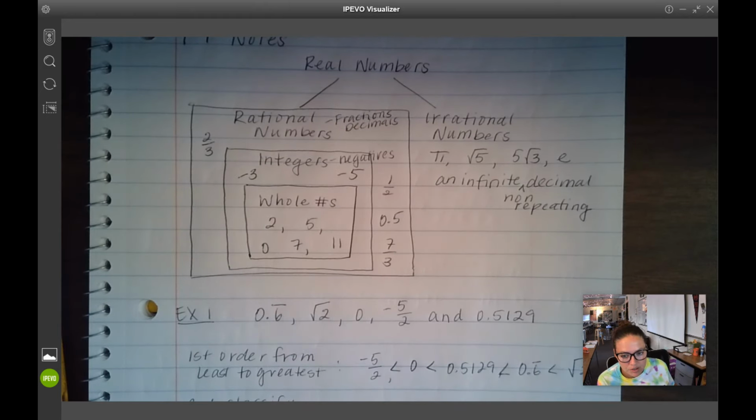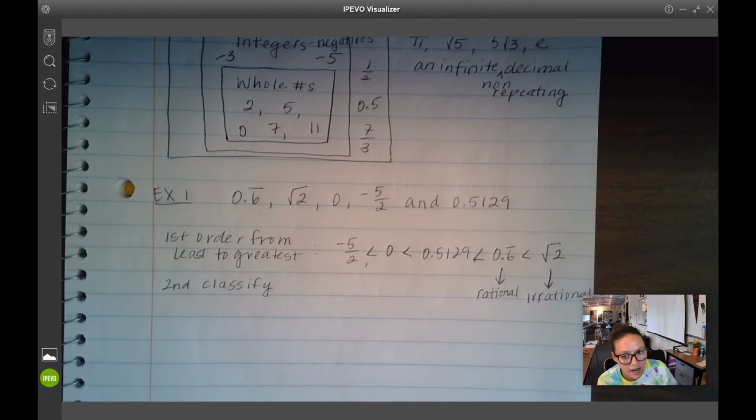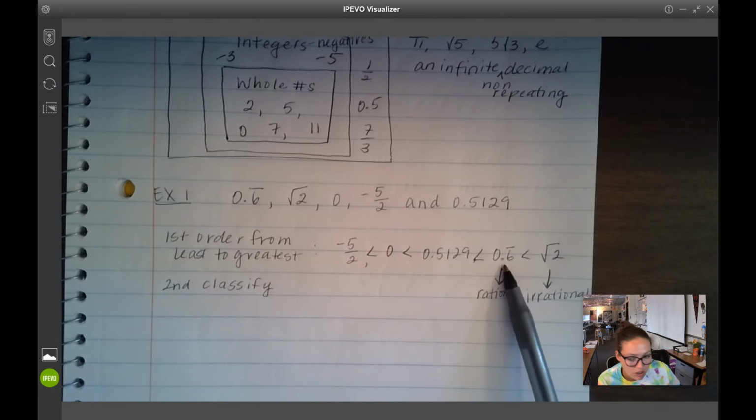It is a decimal that goes on forever and ever without a pattern. 0.6 repeating is a rational number, because even though it's an infinite decimal, it has a pattern and it continues.